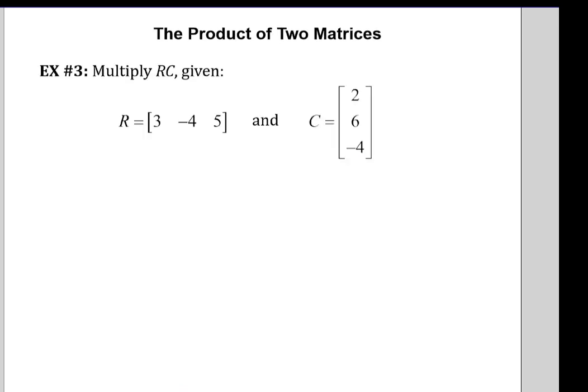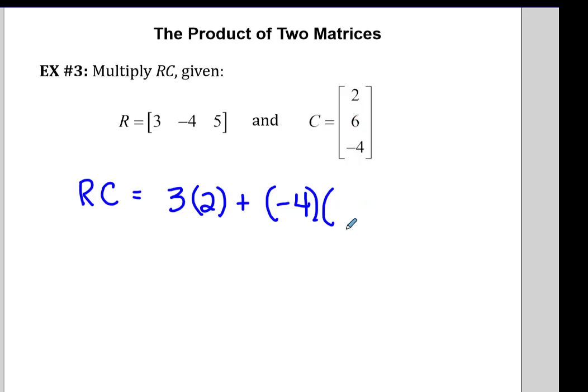So here we'll give a simple one a try. So I've got to multiply R by C, row by column. So I've got row 1 element 1 times column 1 element 1, plus row 1 element 2 by column 1 element 2, and then row 1 element 3 by column 1 element 3.